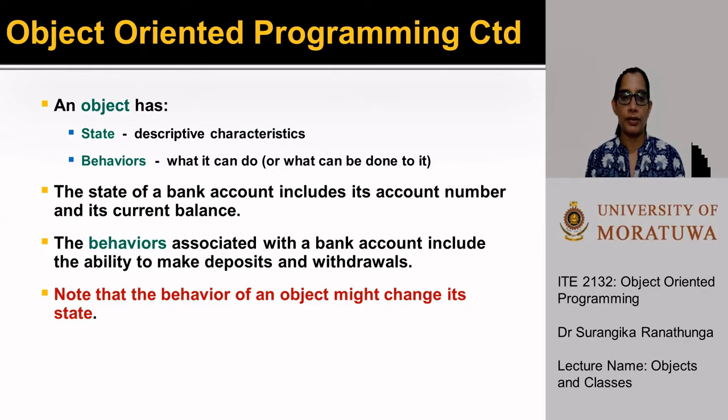And the behaviors or the methods associated with this bank account can be the deposit and withdrawal methods. So, when you deposit, what will happen to the state of this bank account? Specifically, it will affect the current balance. When you deposit, the current balance goes up. And similarly, when you withdraw, the current balance goes down. So from this example, now it is clear the behavior or method can change the state of the object.